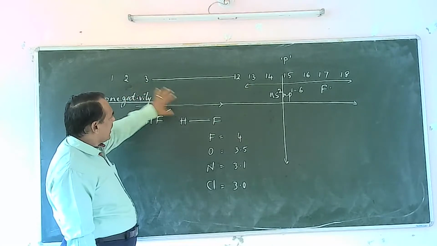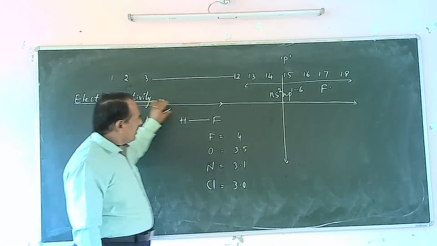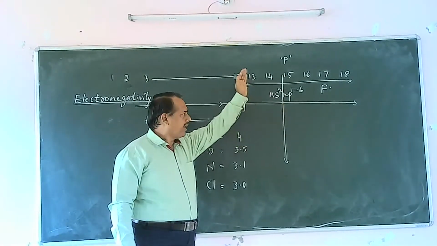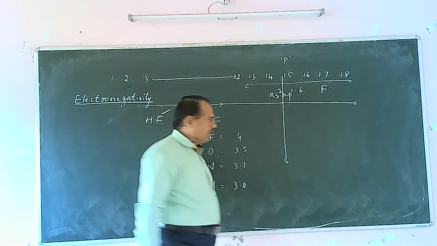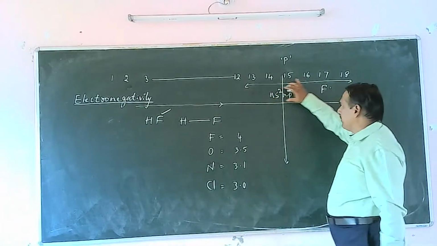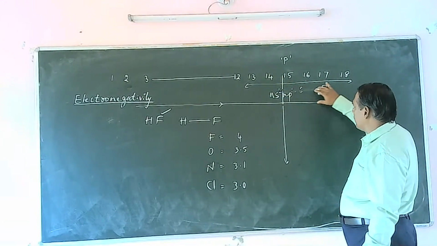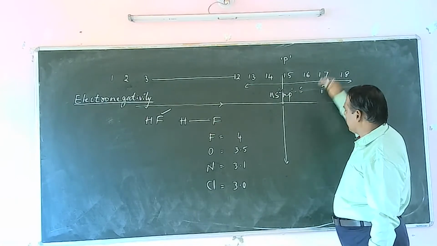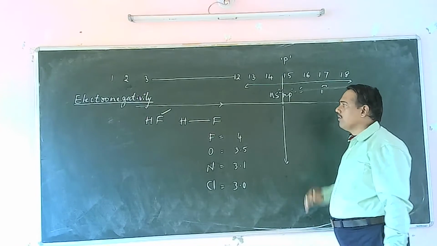If you go for the trend in the periodic table, electronegativity increases along the period and decreases along the group. Particularly for P block elements, electronegativity is more along the period. As you come down the group, in 15 group, 16 group, 17 group, electronegativity decreases.